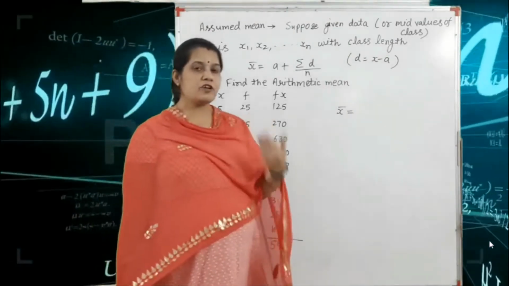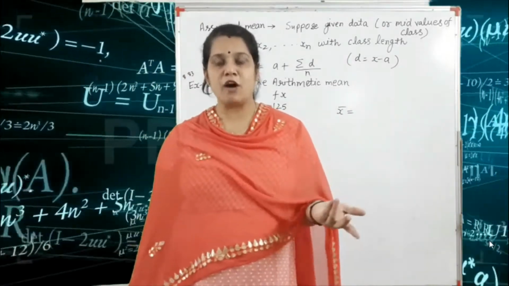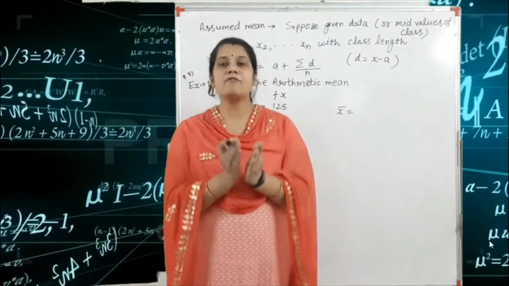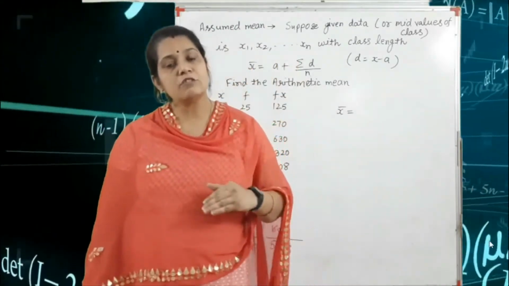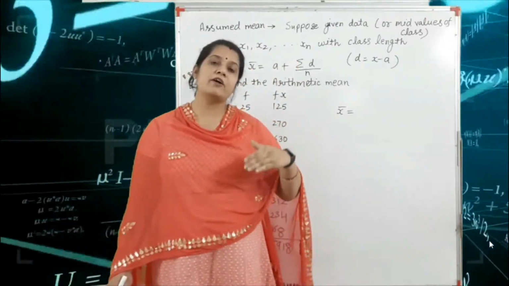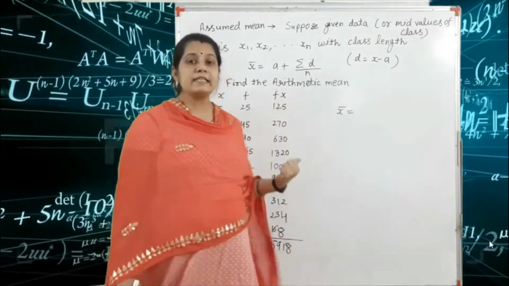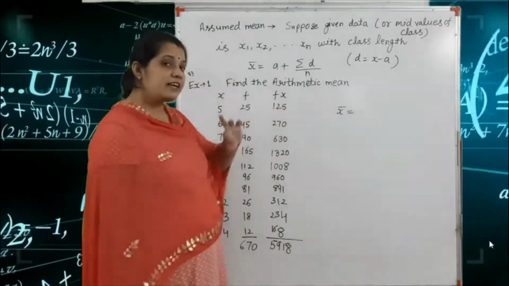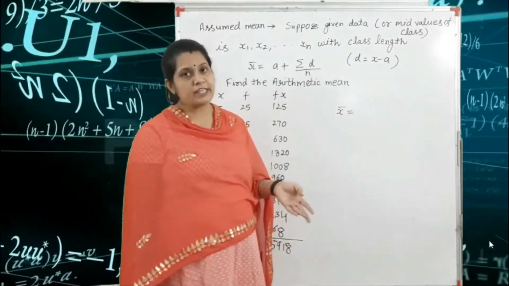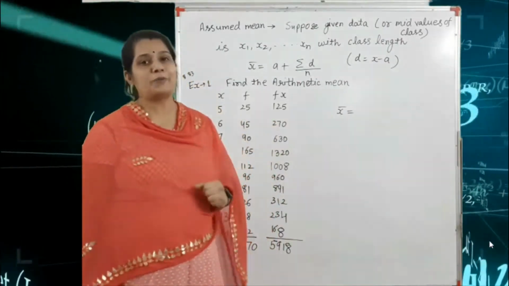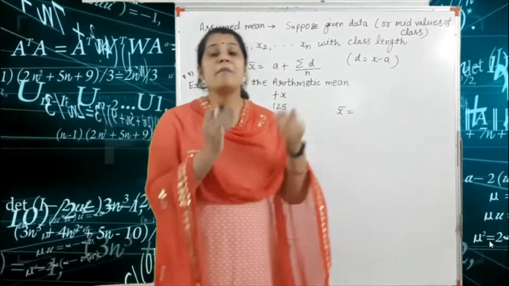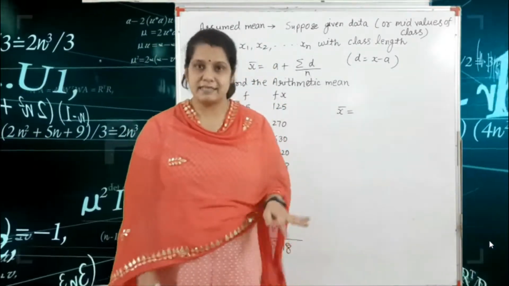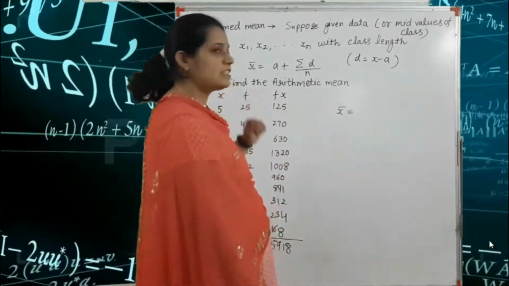That means if your question is given in only the x form, x bar is equal to sum of all these values divided by the number of terms. Got it? But in this question, we are given x and f both values. So first you write the formula, because with the help of the formula making the table is very easy. For making the table the process is very easy.